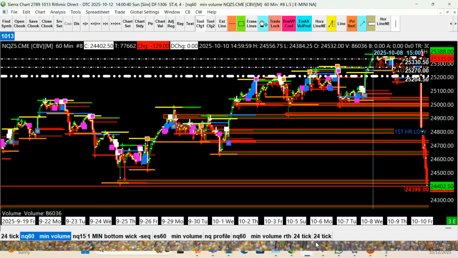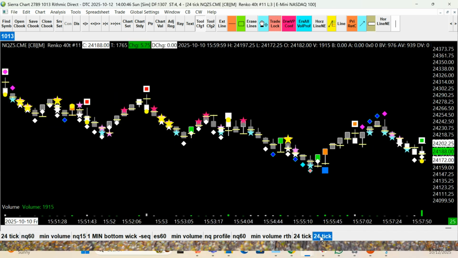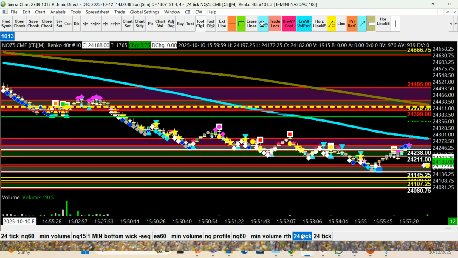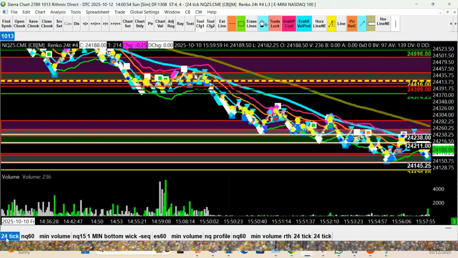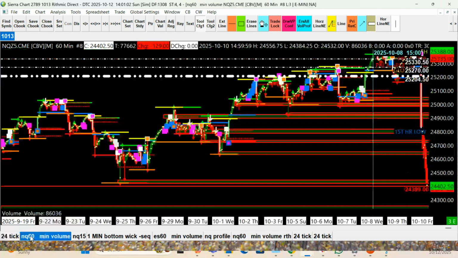So now I'm going to take my 24 ticks. So this is chart number 8. This is how it all comes together. Here's my 24 tick. 40 tick, 40 tick. Where's my 24 tick? There's my 24 tick. Okay. And I want to draw from this chart.